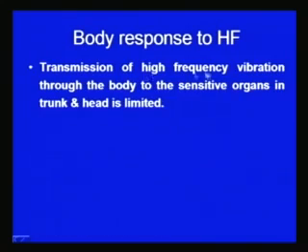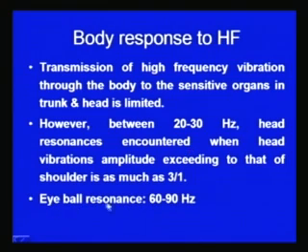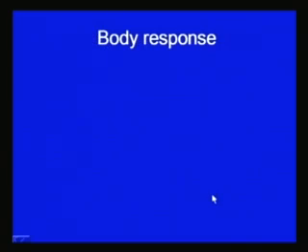The transmission of high frequency vibrations through the body to the sensitive organs in the trunk and head is very limited. However, between 20 to 30 hertz head resonance is encountered, while eyeball resonance is encountered at 60 to 90 hertz.